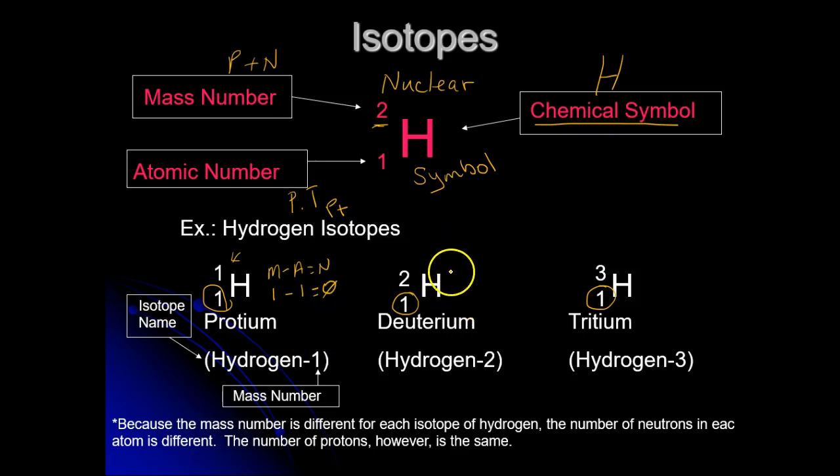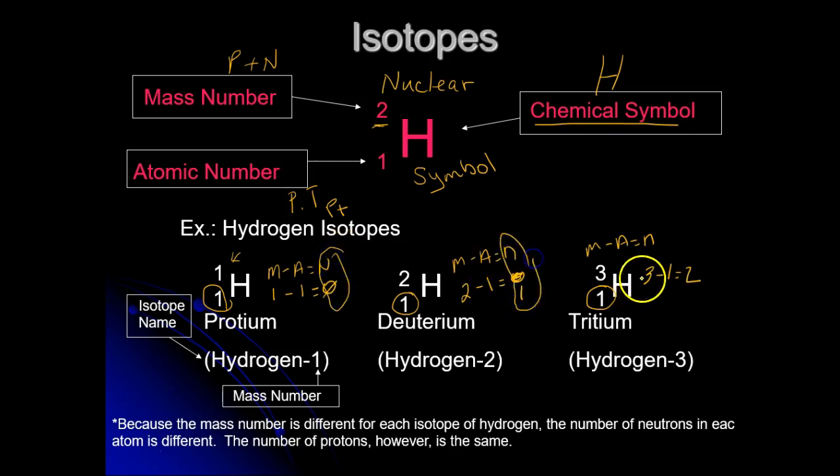This one here, M minus A equals N, I get 2 minus 1 equals 1. And here, M minus A equals N, so we get 3 minus 1 equals 2. So the number of neutrons is 0, 1, and of course 2.